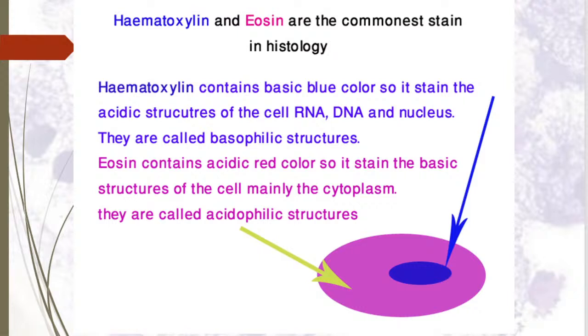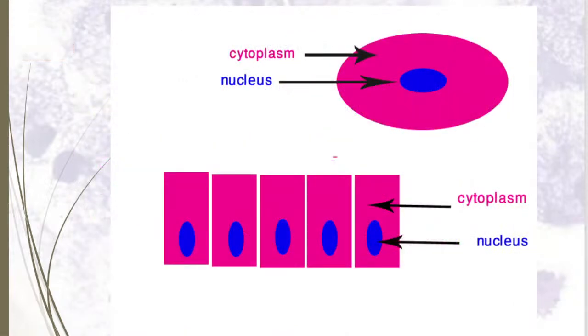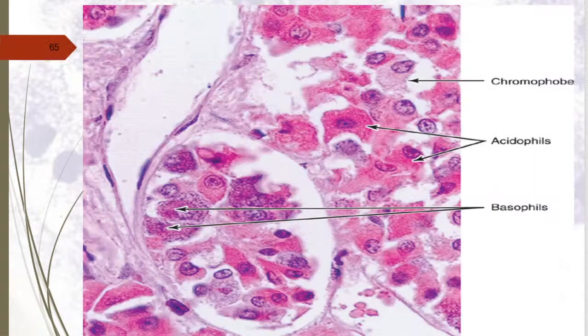Well, look at this one. Again, repeat: acidophilic structure and basophilic structure. Nuclei are basophilic, cytoplasm acidophilic or oxyphilic. And again, we have to find this in all our microscopic slides.